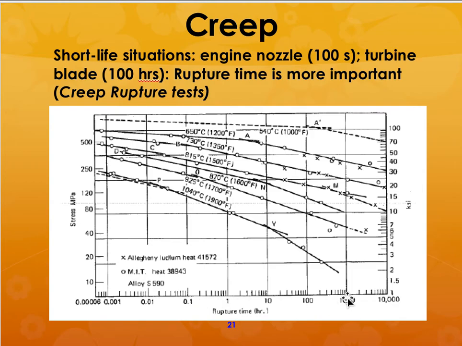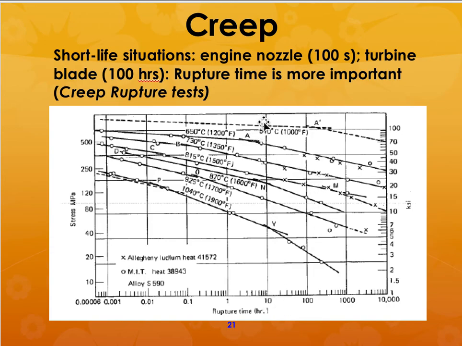Your rupture time can be, as long as you stay below 500 megapascals, you have infinite lifetime. But as soon as you go beyond a certain stress level, then your component can fail at a much shorter time.